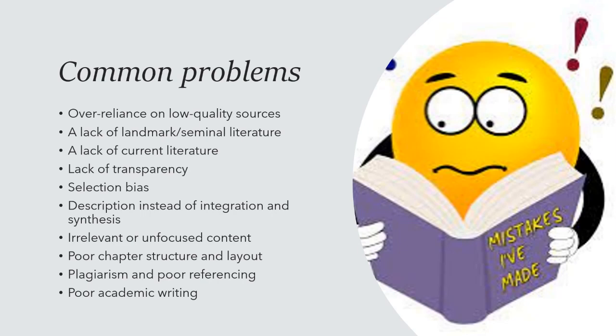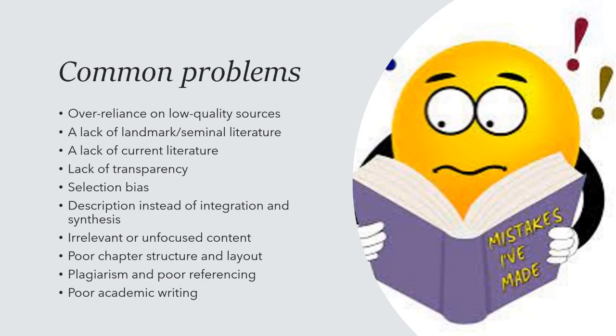Definitely a problem is a lack of current literature, and we've spoken about that extensively. Lack of transparency. If you don't give the reader or the examiner the ability to have an audit trail, or you don't leave an audit trail, then there's a problem with transparency, and they might also not look very kindly on that. Please be careful of selection bias.